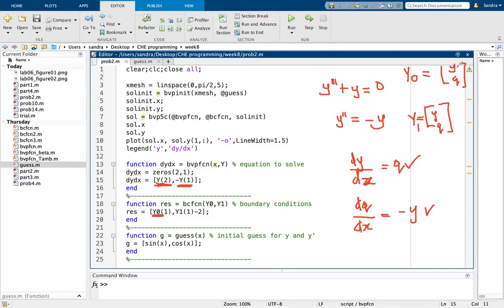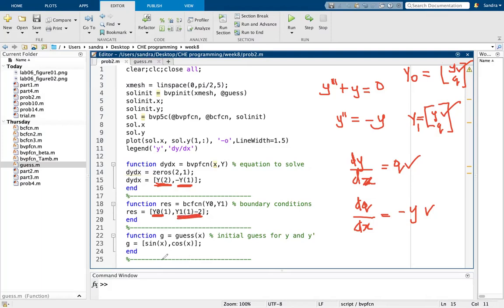Y0 means the first boundary condition. In that, I'm taking the first index and saying it is 0. Okay, minus 0 is equal to 0. And in the second boundary condition, also I have the y value. So in that y1, in the bracket 1, is equal to 2. I bring the 2 to the other side to write it in the form of an equation. So that's how I get this.